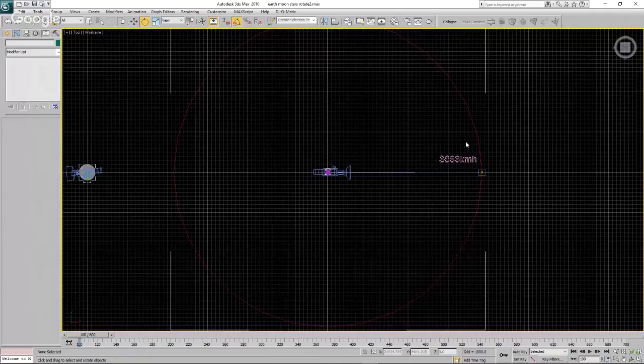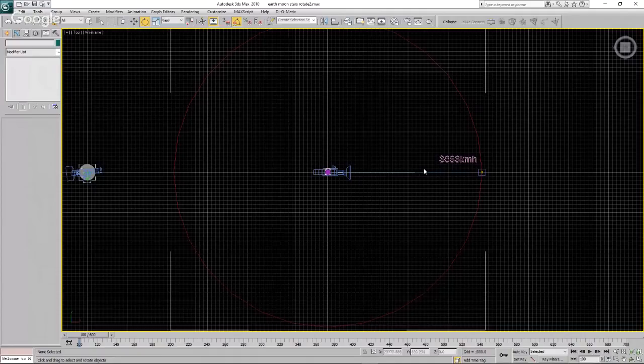Now, mind you, I am not dealing with an elliptical orbit, nor have I slanted the orbit, nor have I tilted the Earth. This is just everything on the same plane, which I think everybody would pretty much agree there's not going to be very much of a difference. The only difference would be, instead of it going straight across the screen, it would kind of go off at an angle.